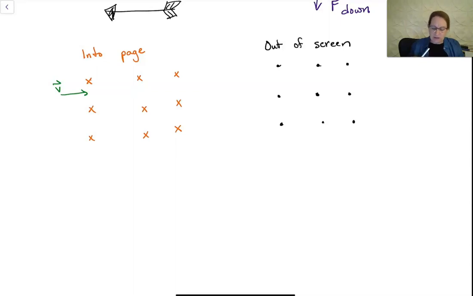Notice that V cross B gives us a force that is up like that.